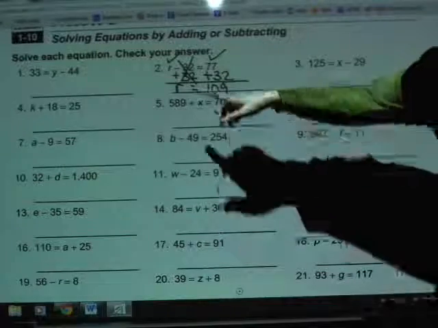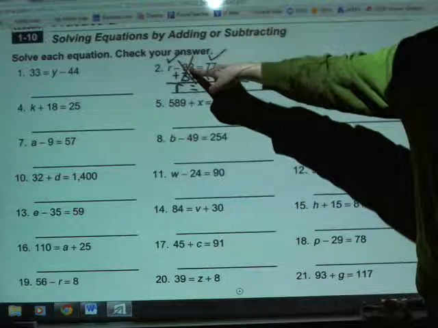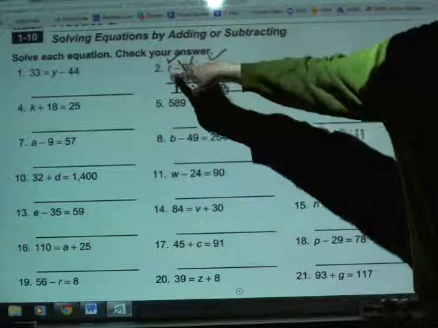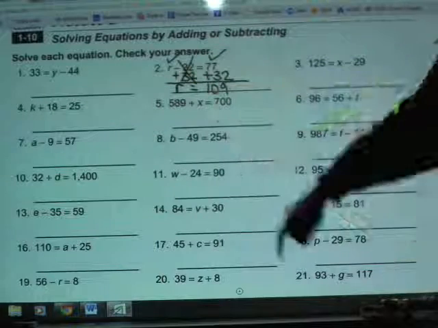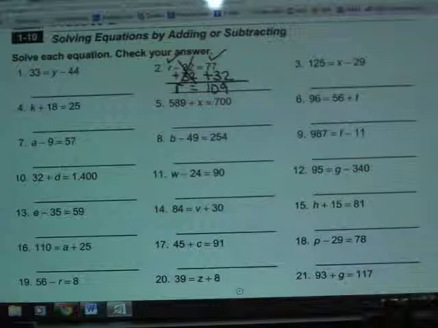And indeed, we can check that. 109 minus 32 is 77. When you're checking this, as long as what you figure out on the left side works out to be the same as what's on the right side, you know you've done this correctly. And that little bit of work there by me showing adding 32 underneath the left and the right side, that's all that's involved in showing your work.